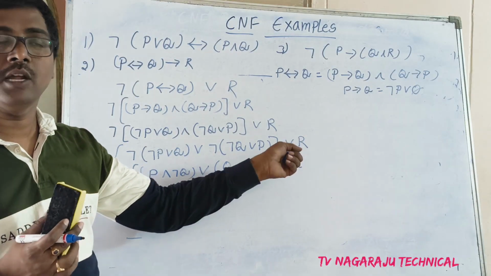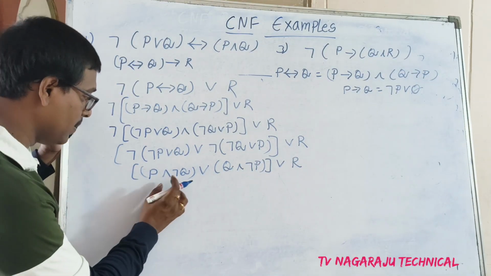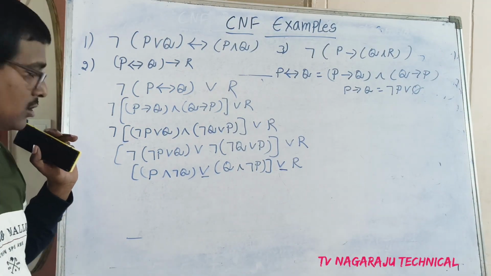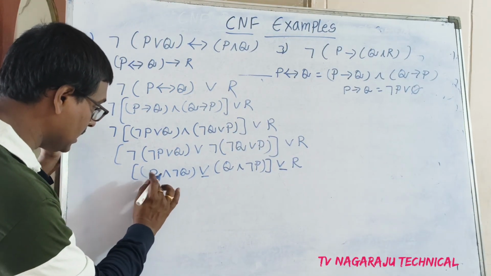Now apply the distributive law. This is R, this is R. More than one R is also performed. How? Simply see.